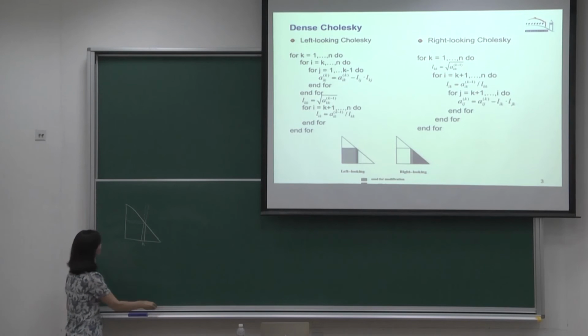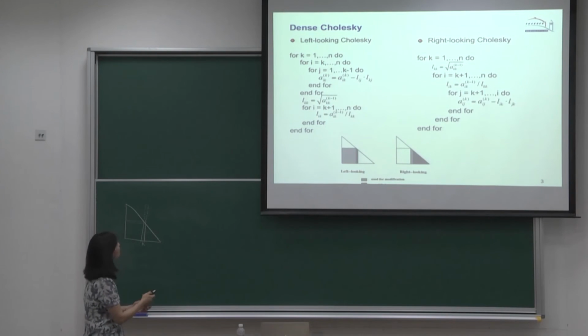Okay, so that's what this code does. The outer loop here is from 1 to n columns. And at the kth column, I go to each of the i rows from k to n, and then j column from 1 to k minus 1. So for each i row, I need to update my matrix, this vector column here.